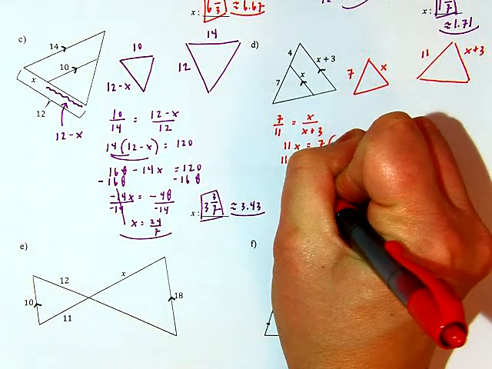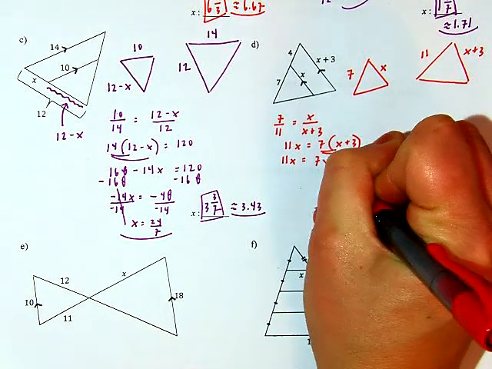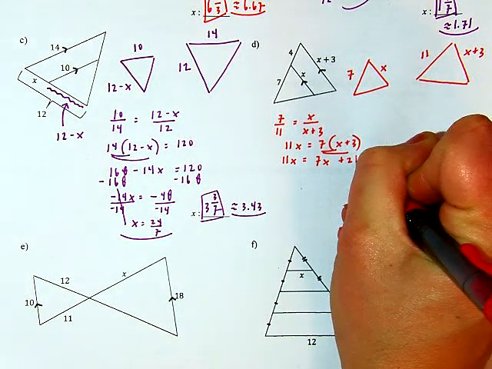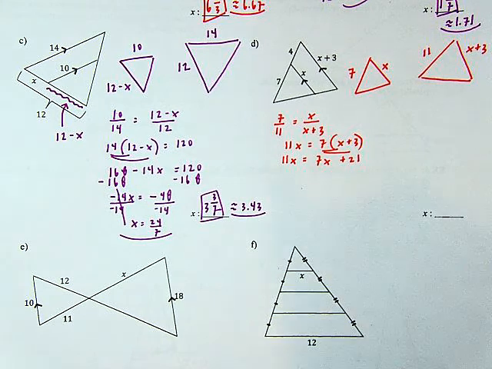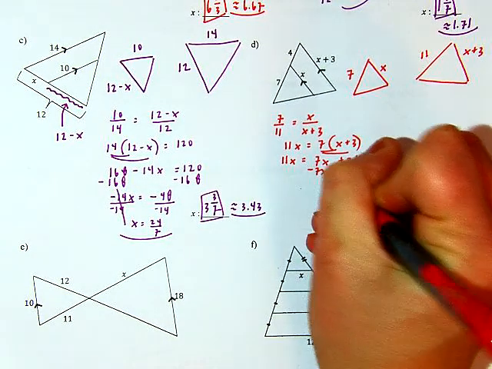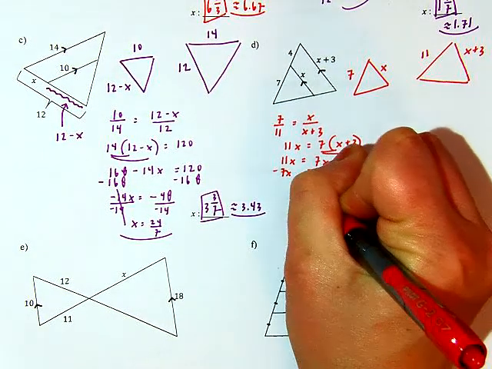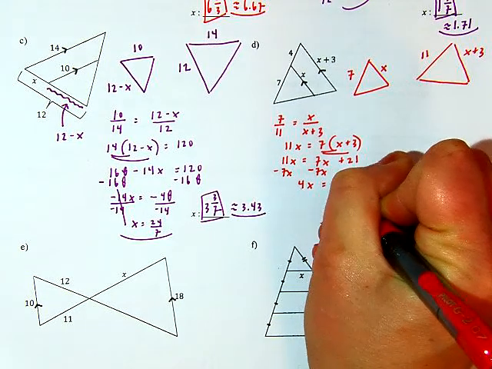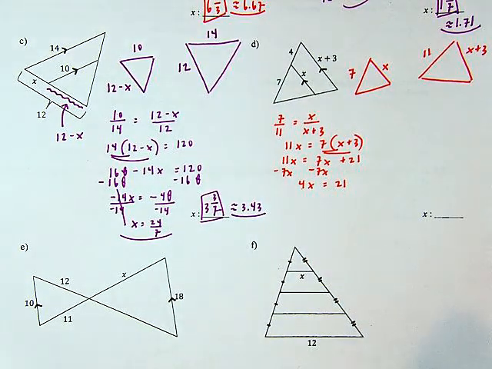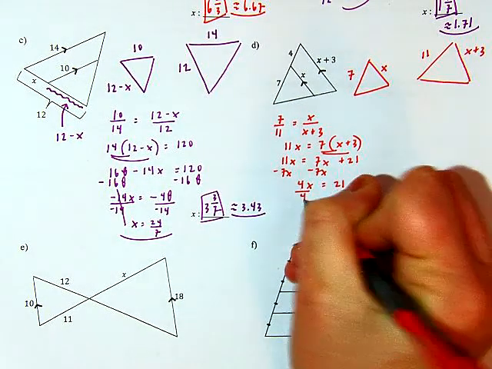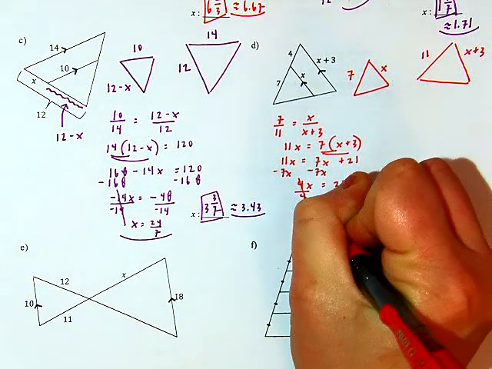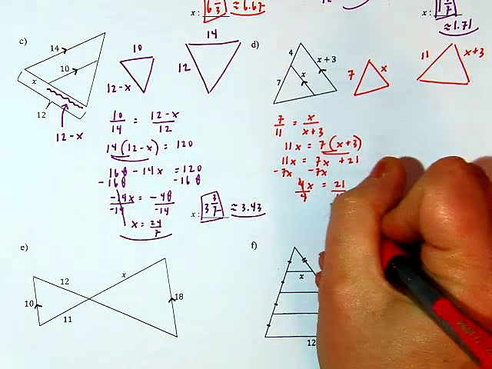So 11x equals 7x plus 21. Okay, take away the 7x, and 4x is equal to 21. Okay, divide away the 4, and I get that x is 21 over 4.